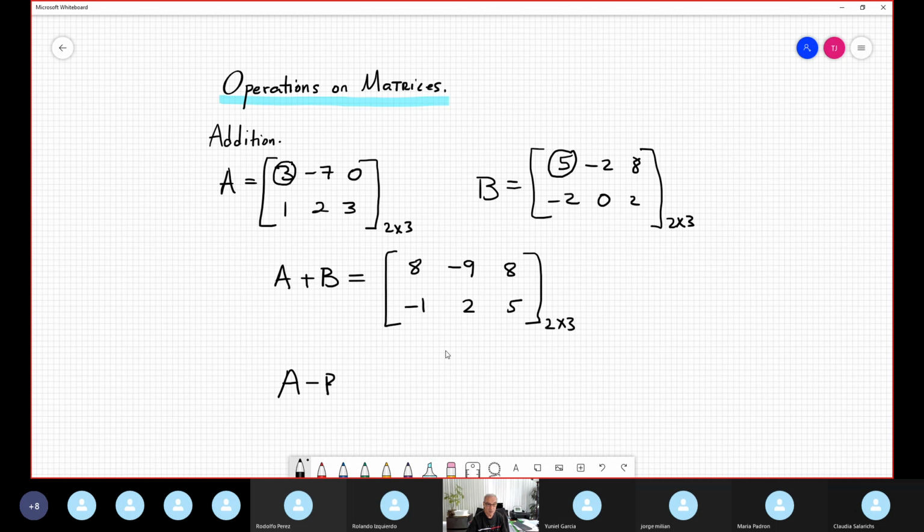Take A minus B, for example. A minus B is the same, but you only change the sign of B. Because it's 3 minus 5, no? -2. -7, sorry, plus 2 is -5. 0 minus 8 is -8. 1 minus 2 is -1.